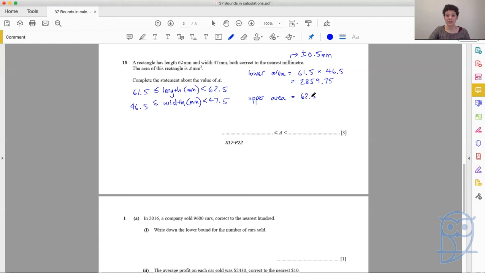So 62.5 times 47.5, giving us 2968.75. So if we put our bounds in their places in the answer, 2859.75 to 2968.75. And what's really cool is if you combine different numbers from these four numbers here, you wouldn't be able to get a smaller value or a bigger value for the area of this rectangle. Because when you take the two smallest, you get the smallest. When you take the two biggest, you get the biggest.